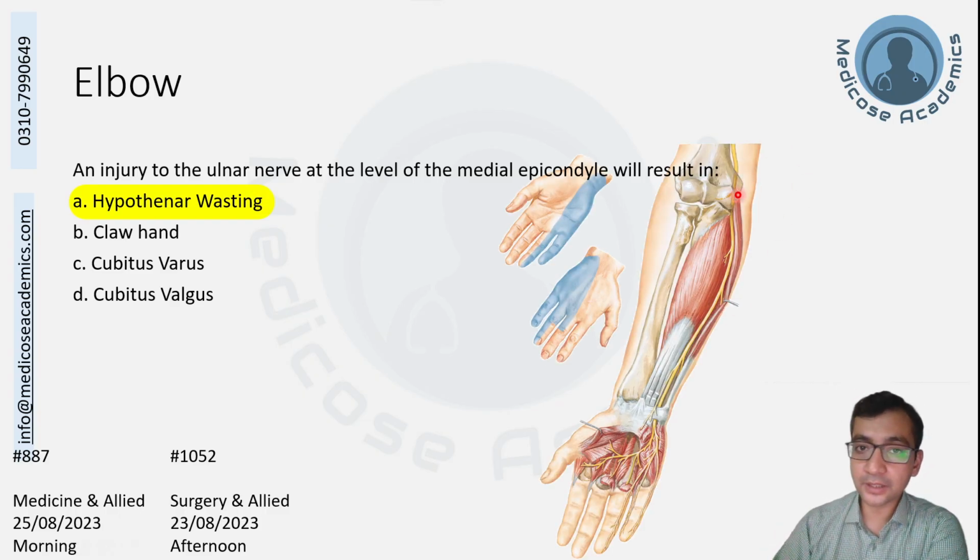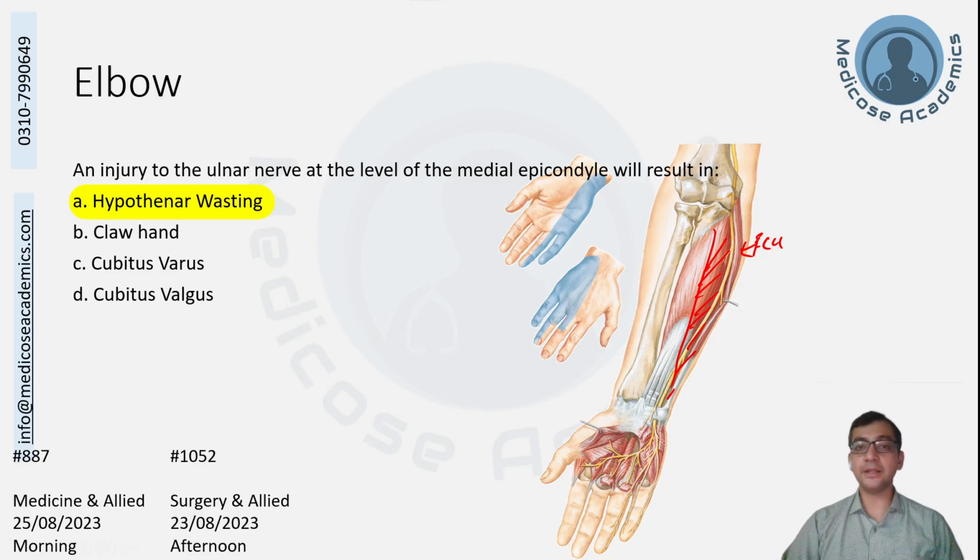If the nerve is damaged here, then there is one and a half muscles in the forearm, that is the medial half of flexor digitorum profundus, and there is flexor carpi ulnaris, and in the hand there is hypothenar muscle, there is interossei, and there is adductor of the thumb. So you have been asked regarding the hypothenar wasting, so that is the correct answer.